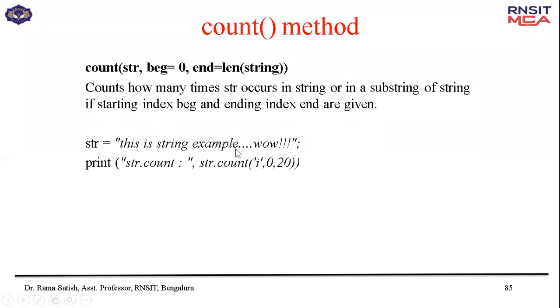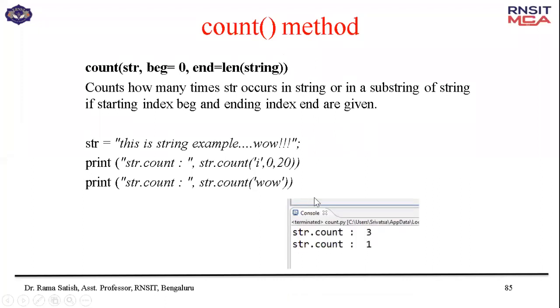It starts from this till example E, and counts how many times i has occurred. If you don't give any starting index and ending index, automatically the starting index by default will be taken as 0, and the ending index will be taken as the entire length of the string, and it will count. Okay, look here.